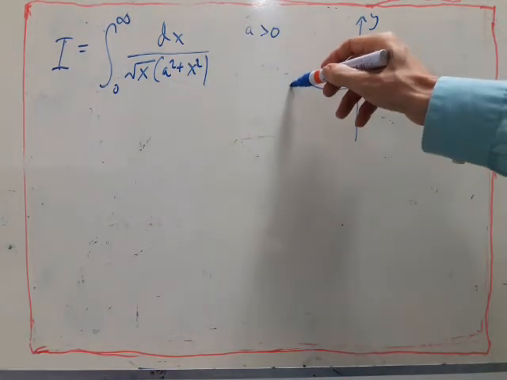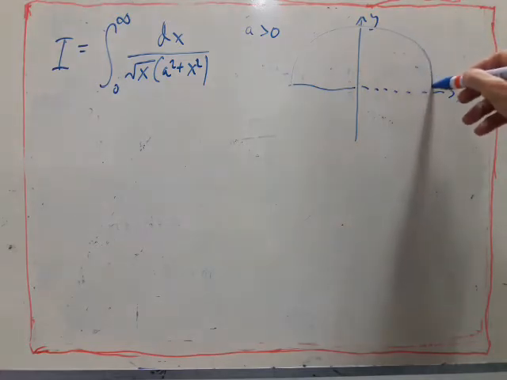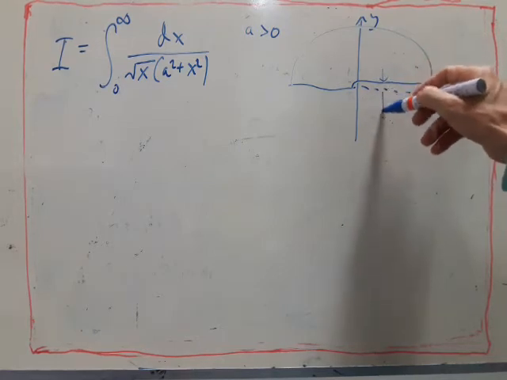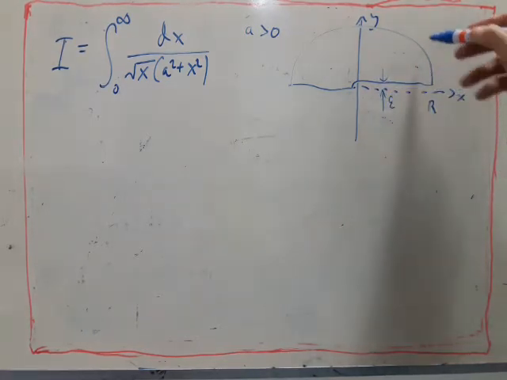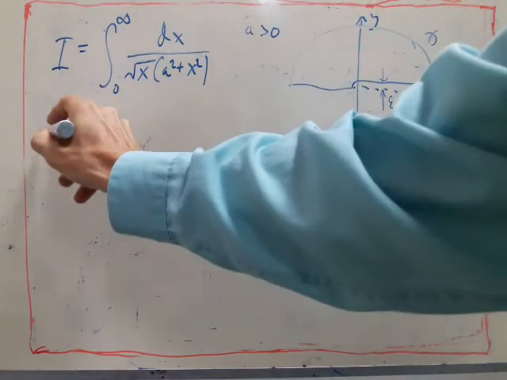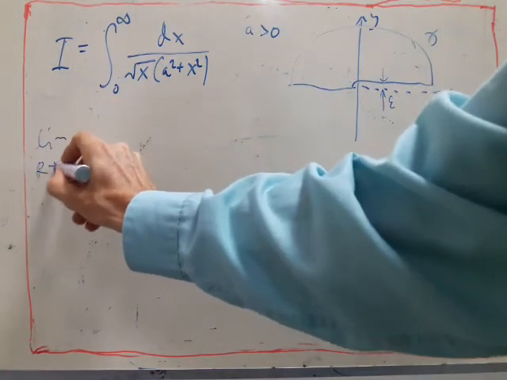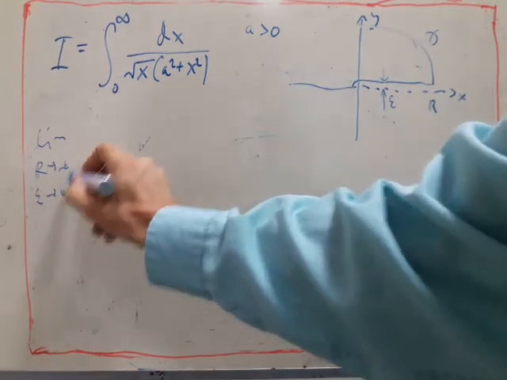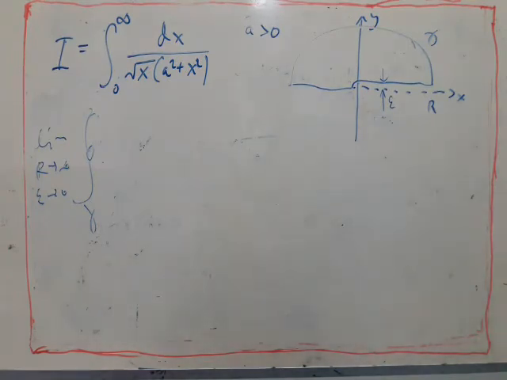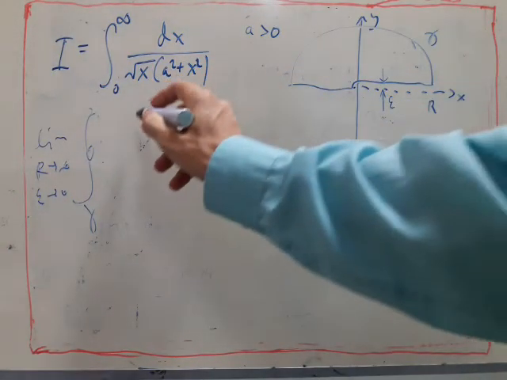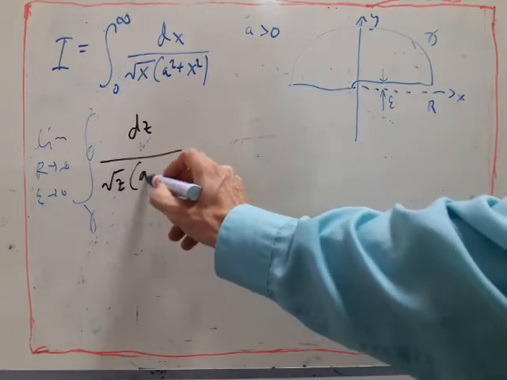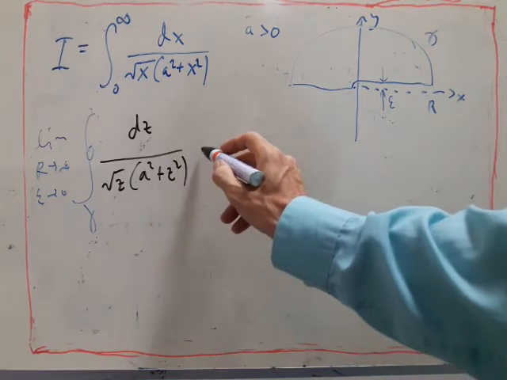So our contour looks like this. Its radius is r, and as always this is distance epsilon. It's our contour gamma, and we consider the contour integral around gamma of this.